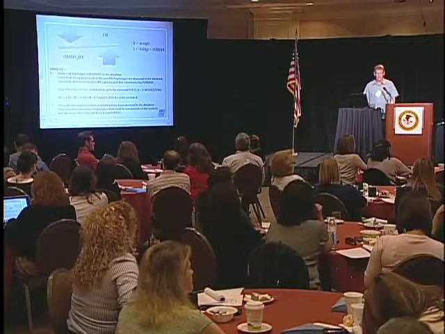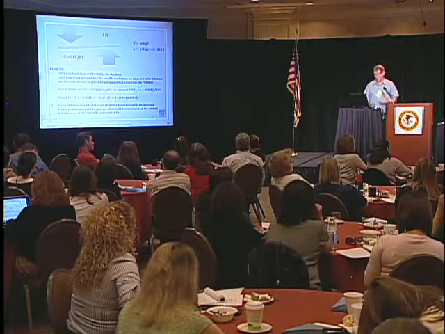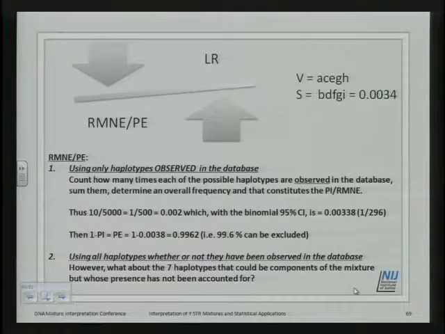Let's assume the database is 5,000, just make that up as well. So 10 in 5,000, so 1 in 500, 0.002. If you use the 95% binomial confidence interval, it ends up being 0.00338, 1 in 296, right?